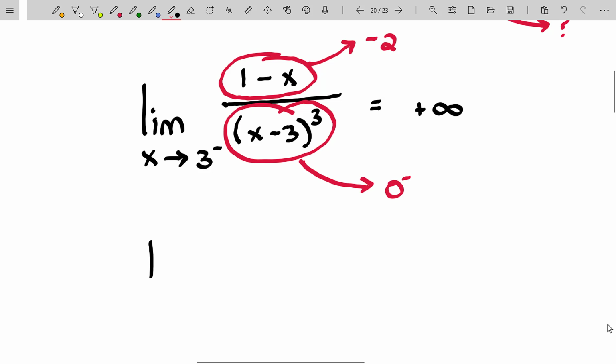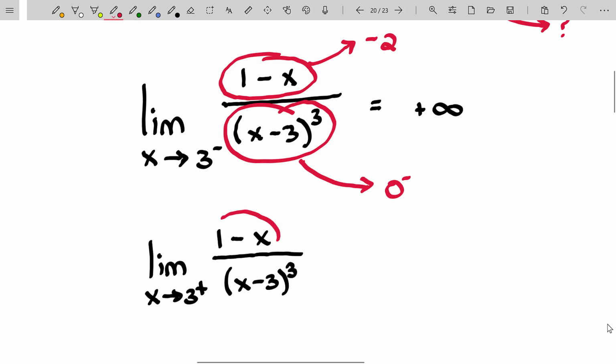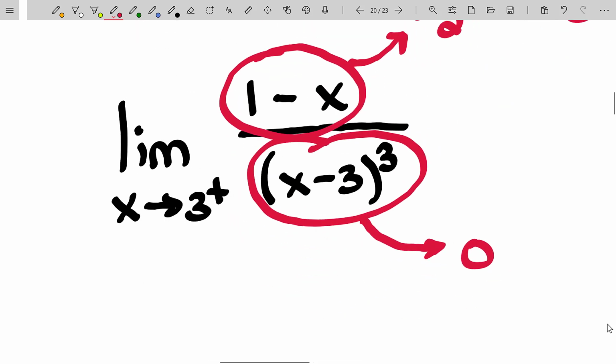In this case, if we take the limit as x approaches 3 from the right-hand side, again our numerator is approaching, not equal to, -2, and our denominator is definitely approaching 0, again, not equal to that. But now think of a number slightly greater than 3, like 3.01. Well, when you plug in 3.01 for x and subtract 3, it's still positive.